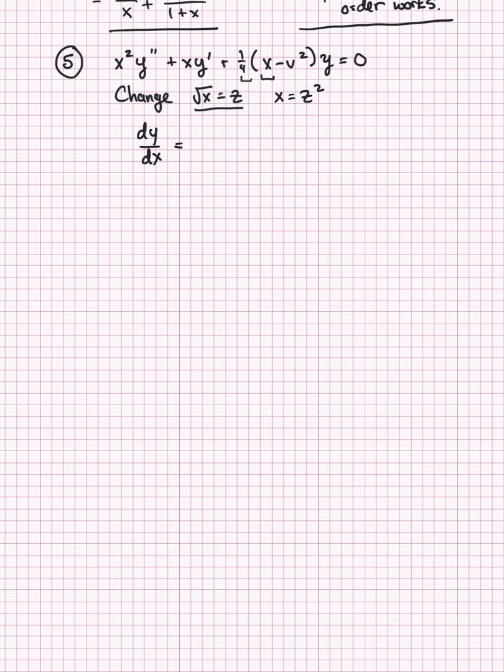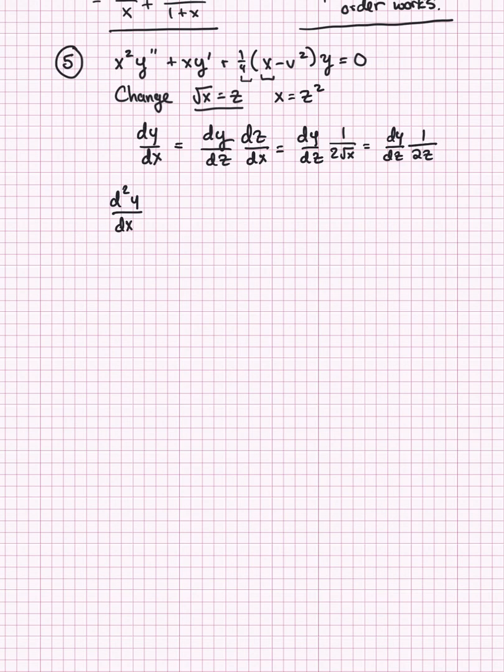So dy/dx we know is equal to dy/dz times dz/dx. The dy/dz we leave alone because that's going to be the derivative for our new equation, and for dz/dx we just get 1 over 2 square root of x, and it's convenient to put that completely in terms of z, so it's just 1 over 2z.